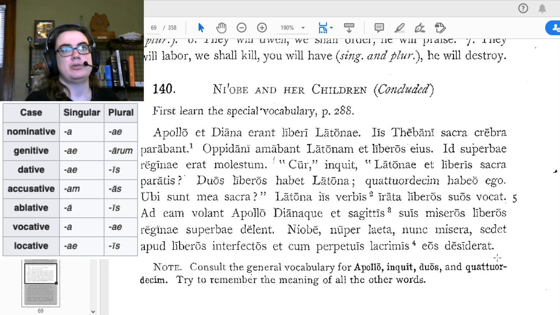So that is how Niobe got her children killed. And there's a really interesting reference to this in the Iliad. So the Iliad is kind of the greatest thing ever written. Composed, I guess I should say. Not quite written.